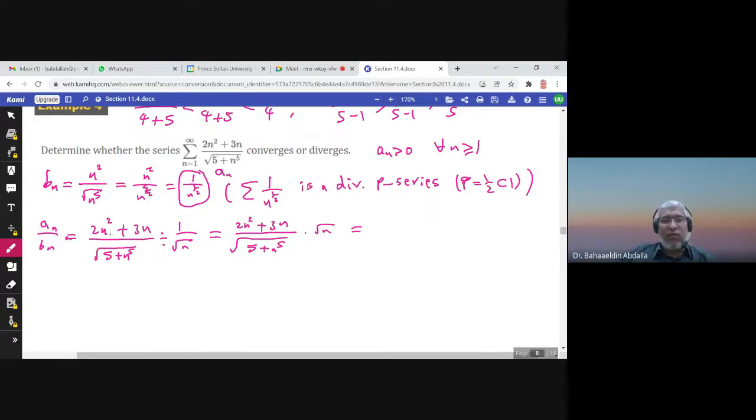So when we divide by Bn, always what is in the denominator of Bn will be multiplied by the numerator of An. So we will have 2 times n to the power 2 plus half, and 3 times n to the power 1 plus half, and here we have this one.